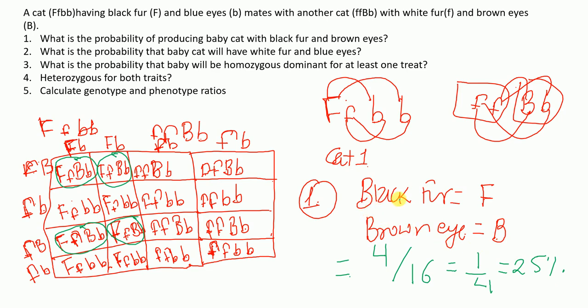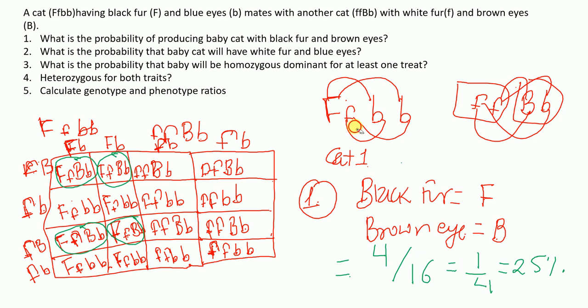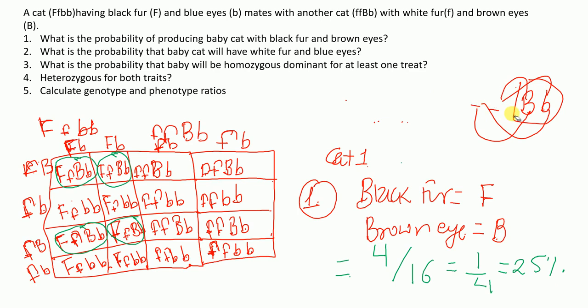Question number 2 is, what is the probability that the baby cat will have white fur and blue eyes? To solve this, I will just erase this so that I have more space. Sorry for the delay.